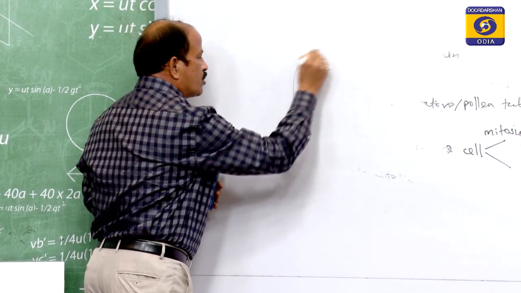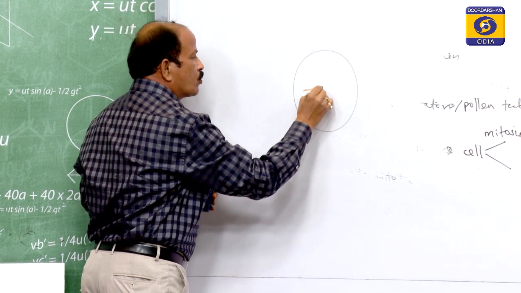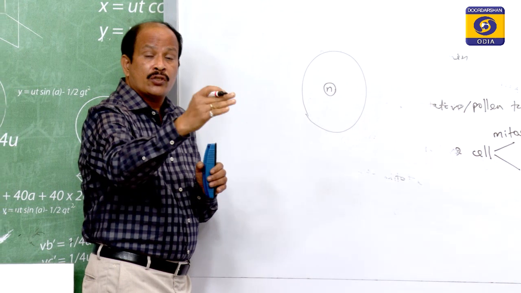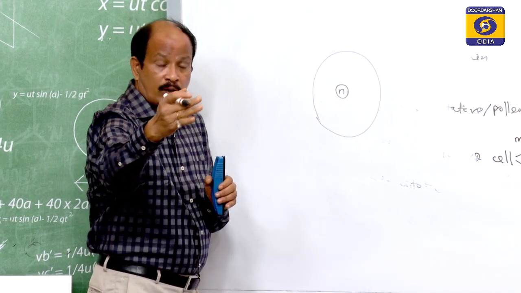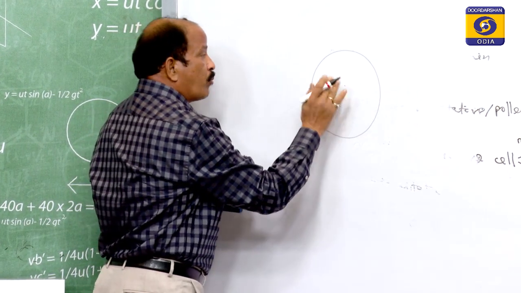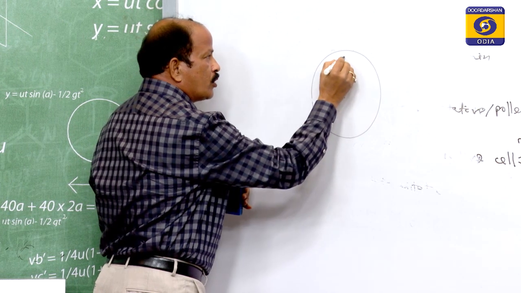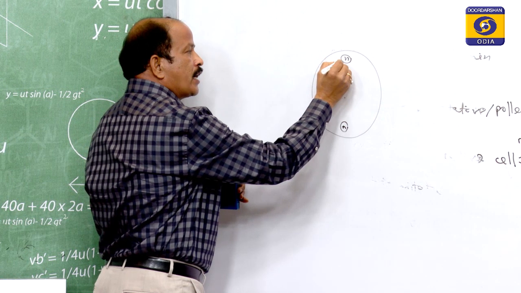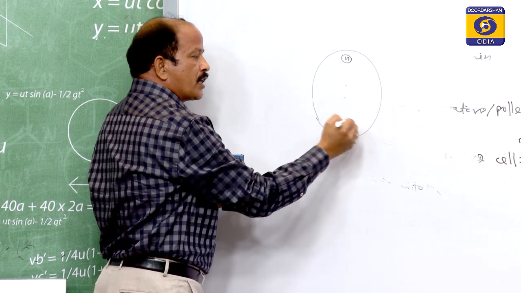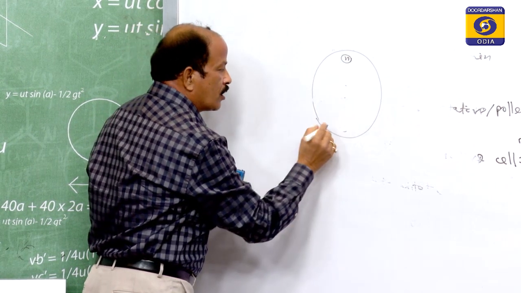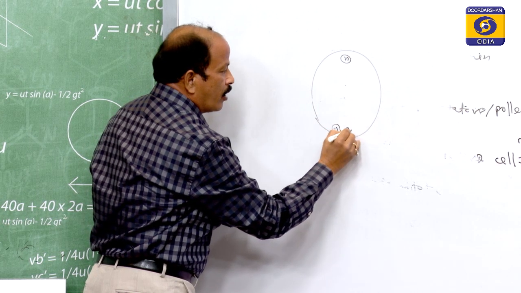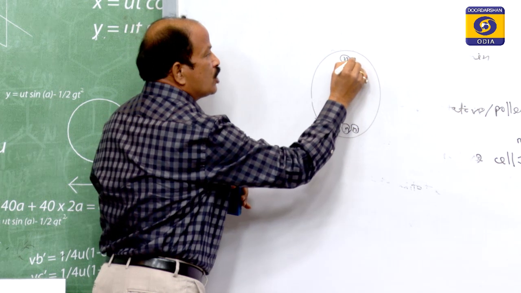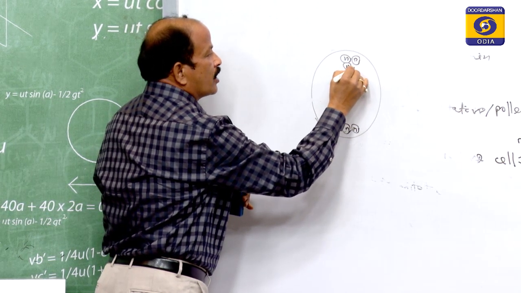This is the initial megaspore, this is its nucleus. This nucleus divides by 3 successive mitotic divisions, resulting first in 2 nuclei, here 1 nucleus, here another nucleus. Likewise, this again divides twice, this again divides twice, resulting in 4 nuclei at each pole, and this cell is vacuolated.